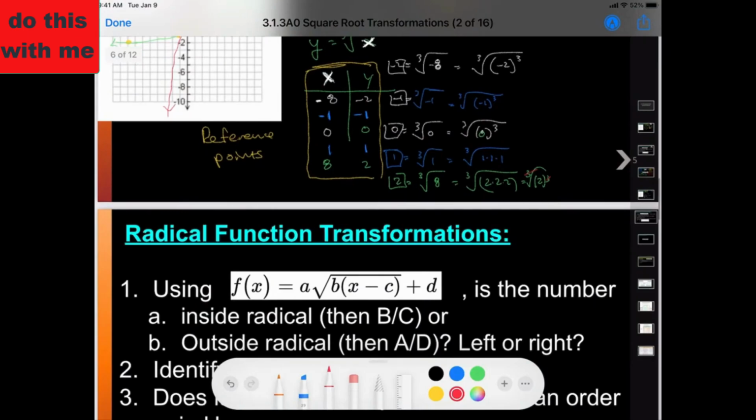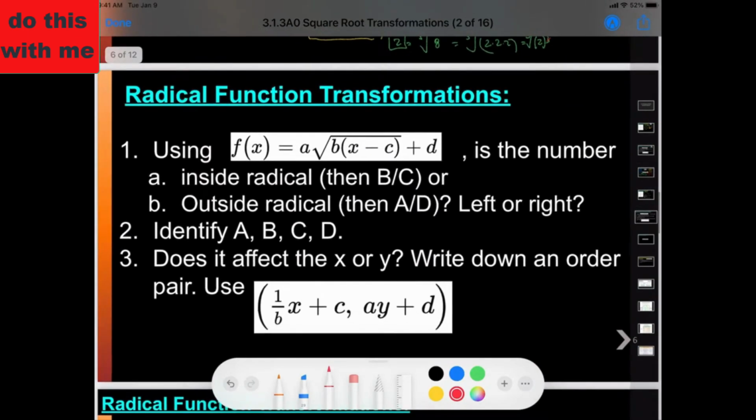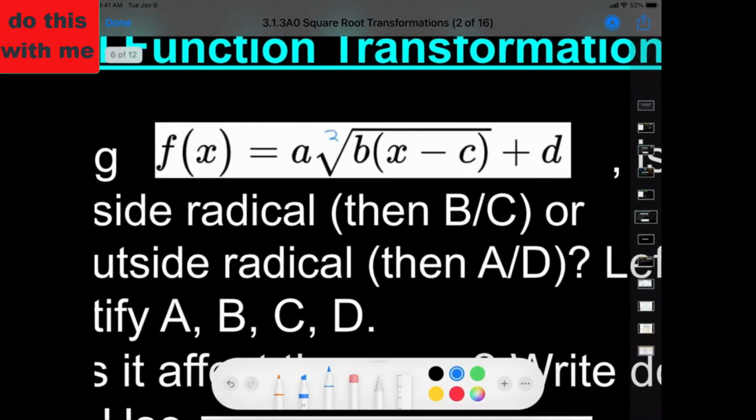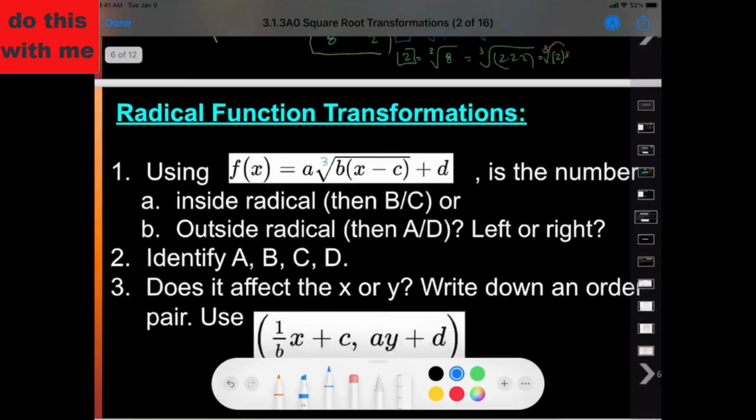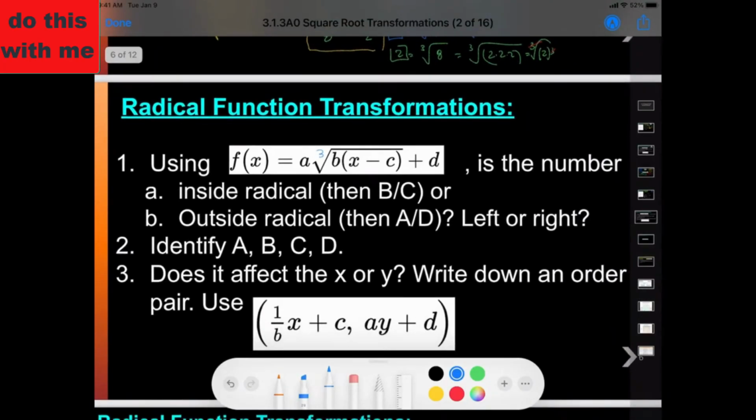Okay? So, what about our transformations of cube roots? Well, more importantly, I'm going to put this number in there. And you still have the same thing. Using f of x equals a times the cube root of b times x minus c plus d, the question is the number, so the number that we're talking about is the b, is it inside the radical?